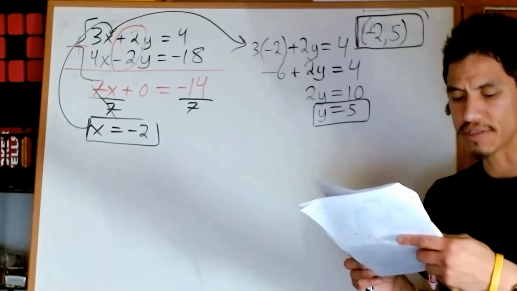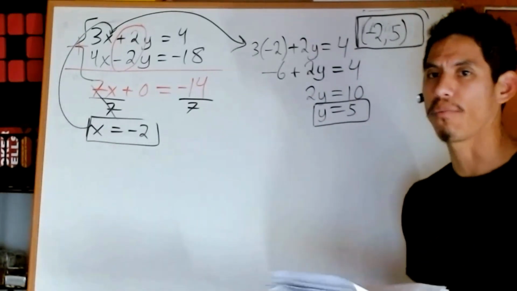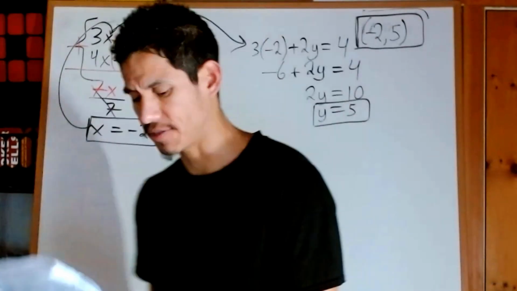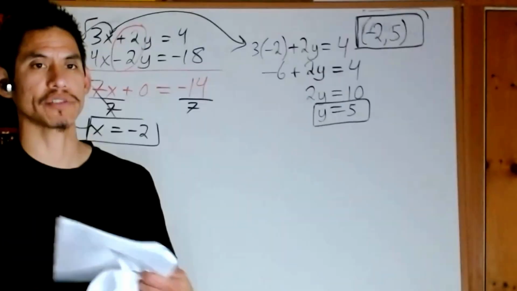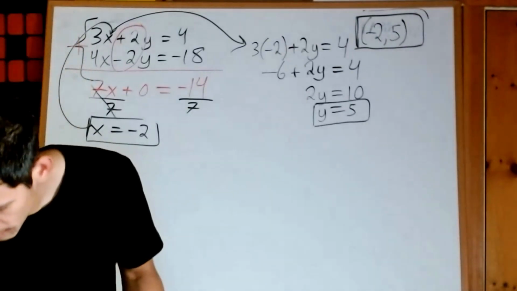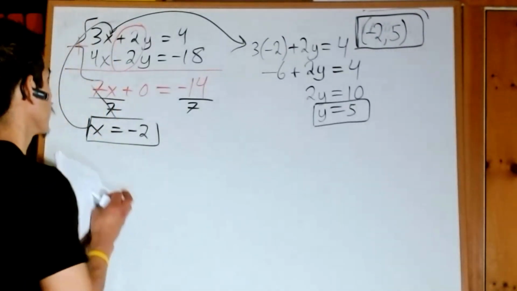Okay, so now let's look at another one. But now we're going to step it up and not make these so simple. So we're going to look at a case where we have to actually do something to the coefficients before we can solve.